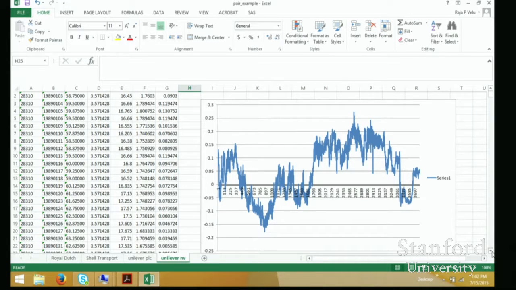Again, you can take this last column, which gives you the parity deviations, and construct Bollinger Bands based on that, and decide when you want to swap one for the other. In fact, this probably will have more opportunities than the other one, because this has lots of variation in the data. That's one part of it.